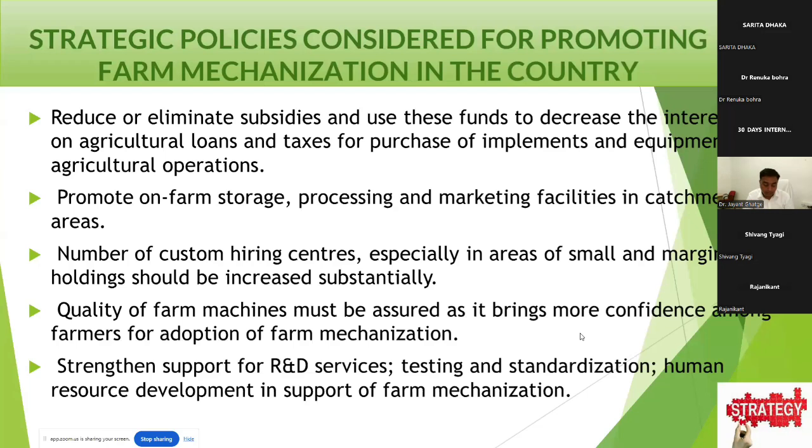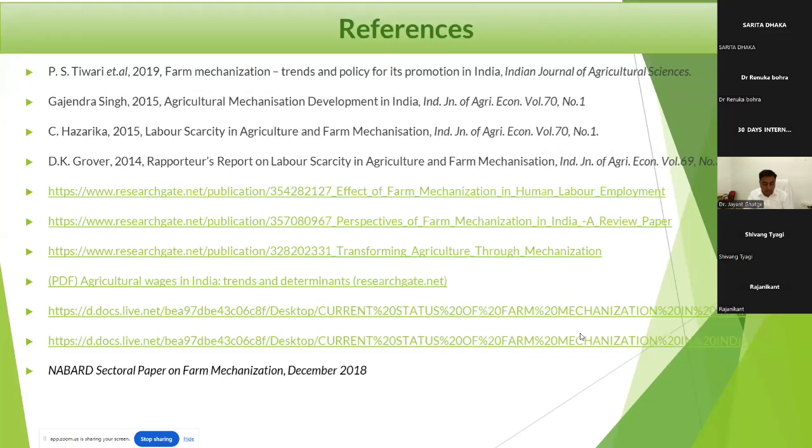Then, as I said, we should enhance the R&D facility, testing facility and standardization to improve the efficiency of machines. We can also promote on-farm storage and processing to reduce post-harvest losses of different commodities.